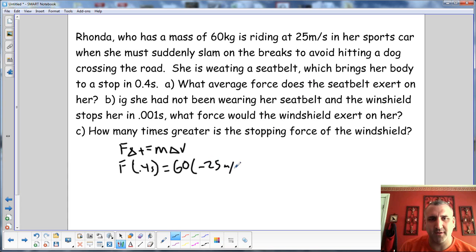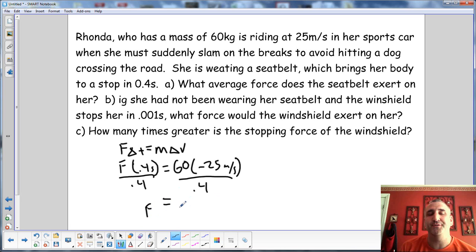That is going to be a relatively comfortable negative, and again it's negative because the force is going backwards from where the car is going. The force is negative 3,750 newtons.